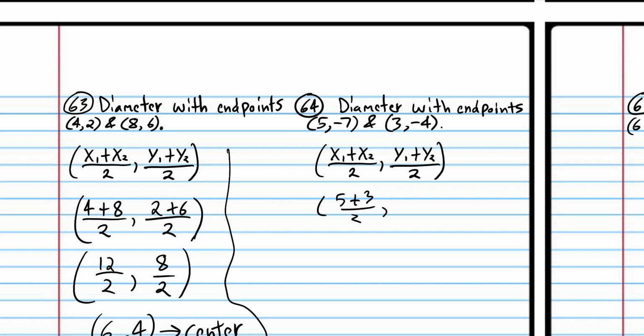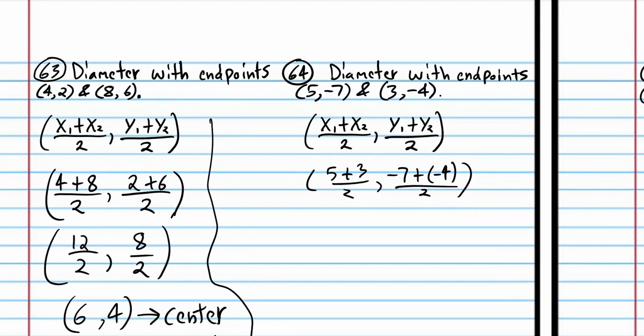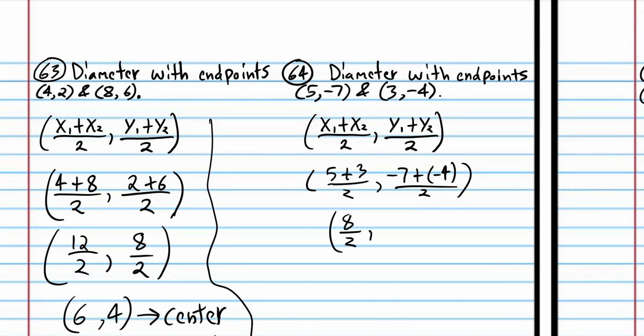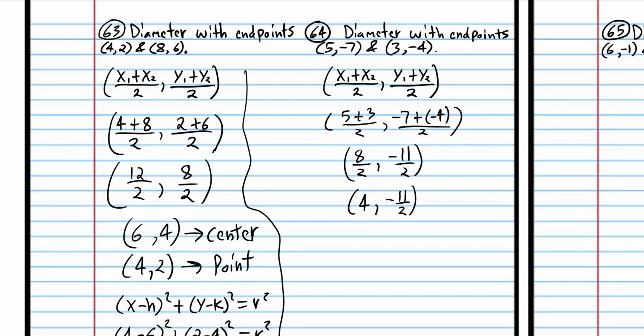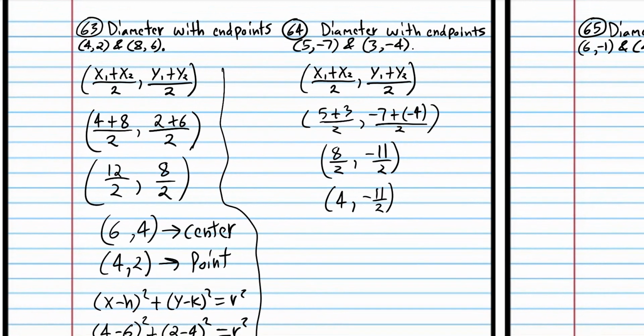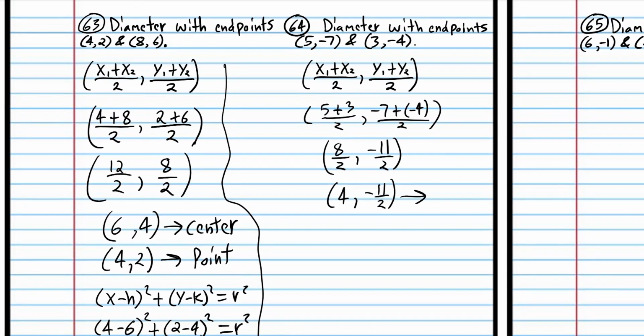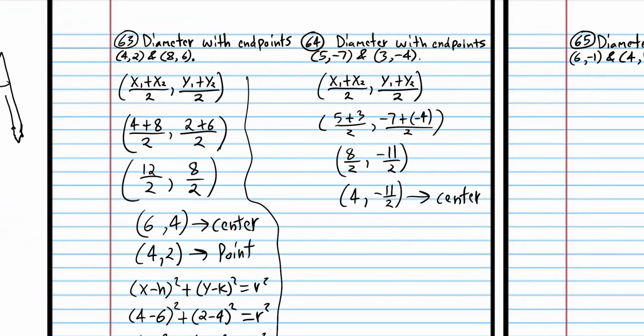The midpoint is the center of the circle. So we get 8 over 2, and -7 plus -4 is -11. So now we have a fraction. 8 over 2 is 4, and we have -11 over 2. You can change it to a decimal if you want, or you can just keep it as a fraction. I'm just going to keep it as a fraction.